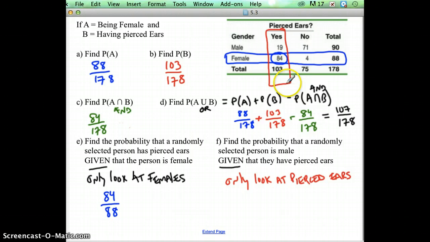Find the probability that a randomly selected person is male. Okay, 19 males have pierced ears. So out of the people who have pierced ears, 19 of them are male.